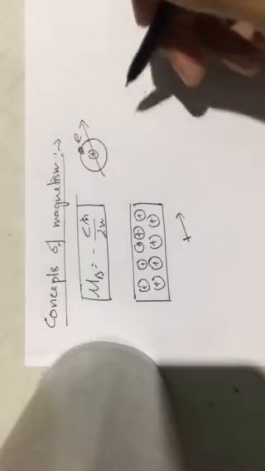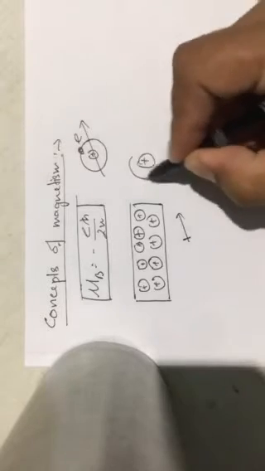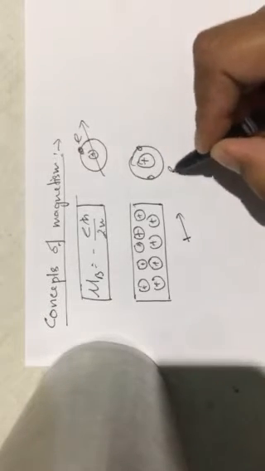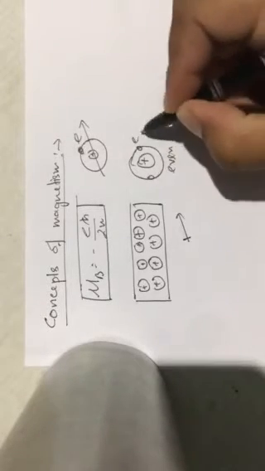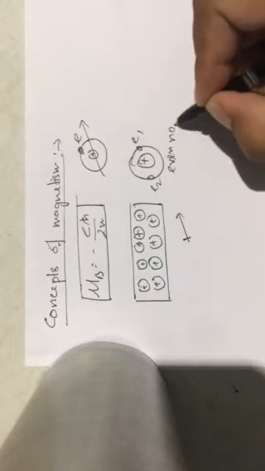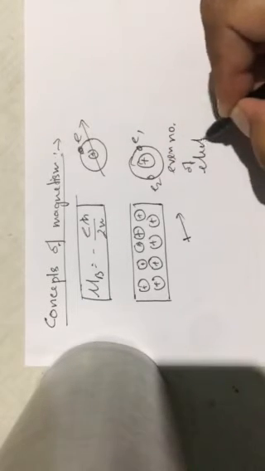Now there are two types of atoms. Some have an even number of electrons, like electron 1, electron 2, meaning 2, 4, 6, 8, this kind.